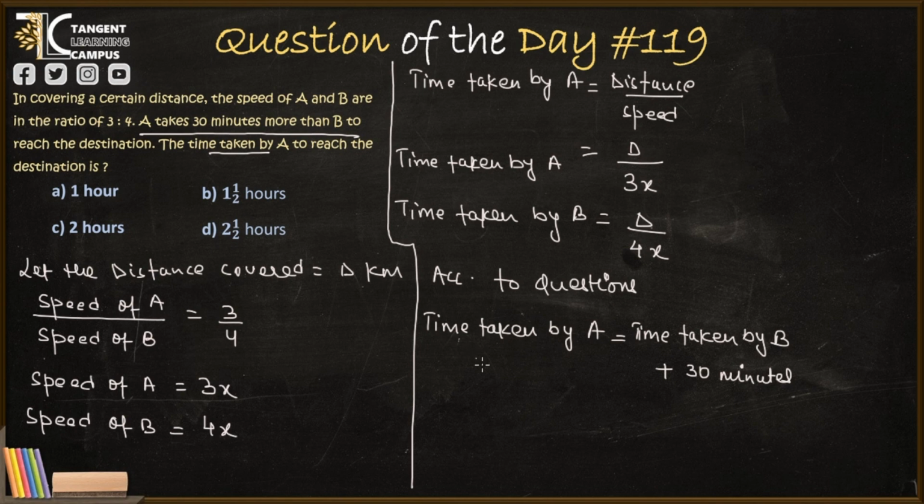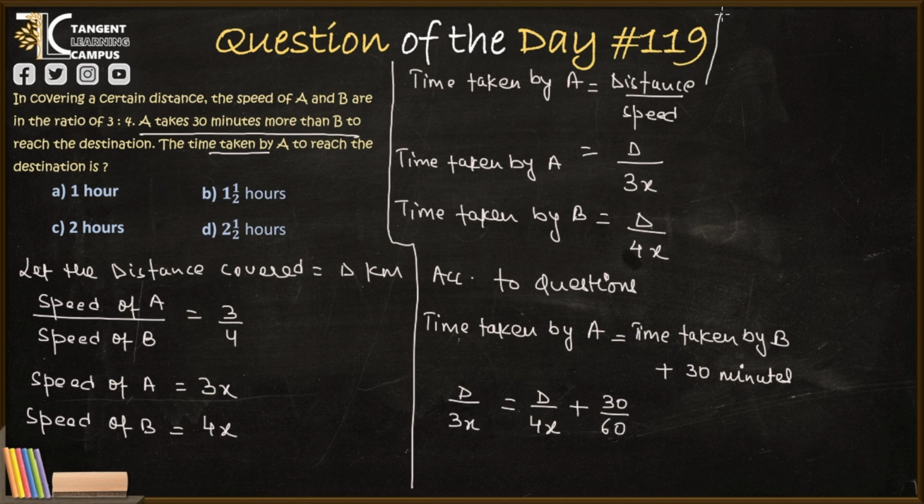Now we know the time taken by A and time taken by B, so let us put the values here. Time taken by A is d over 3x and time taken by B is d over 4x plus 30 minutes. Let us write 30 minutes in the form of hours, that is 30 over 60.